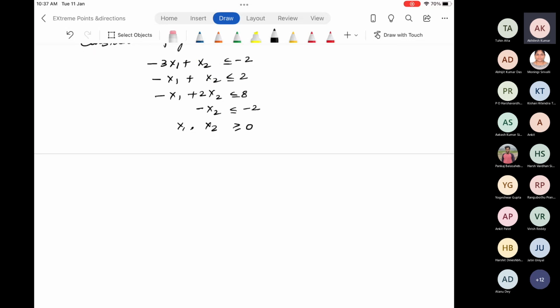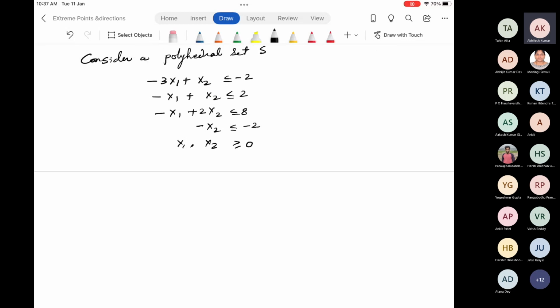Go ahead and find the extreme points for this problem, and then we'll discuss extreme directions. What are the extreme points for this problem, and is it a bounded set or unbounded set?